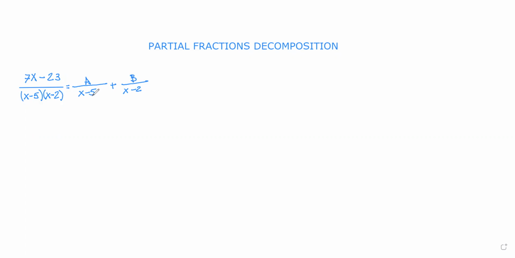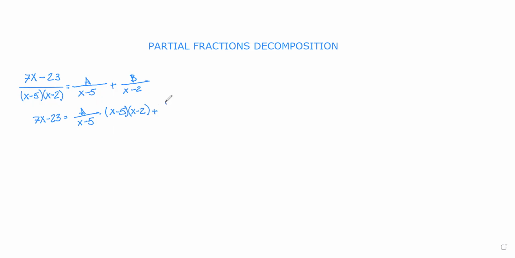So right now, what we have to do is to multiply both sides by this and this. So let's start by doing that. 7x minus 23 equals A over x minus 5, all that multiplied by x minus 5 and x minus 2.